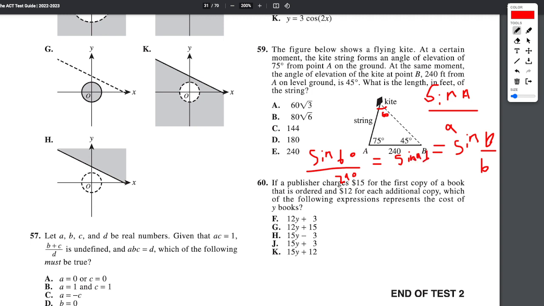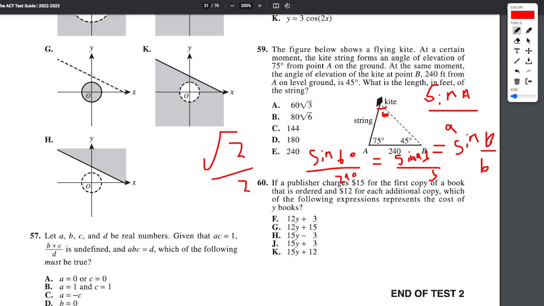I'll write it as s. Actually, let's multiply sine 45 and 240 together. So sine 45 is root 2 over 2.